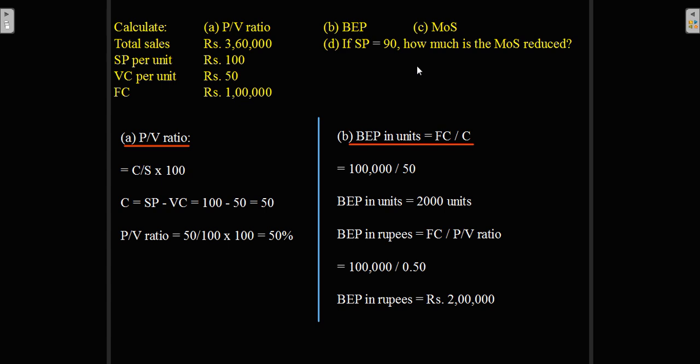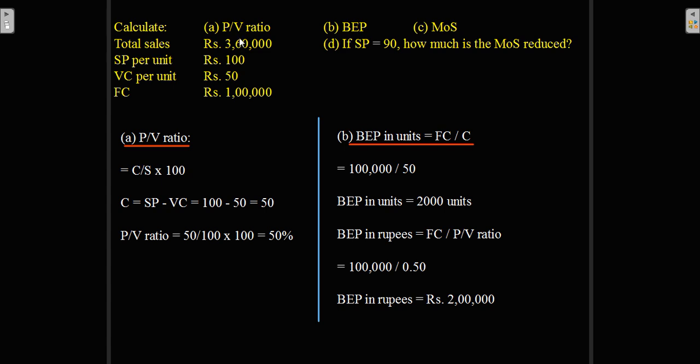This is the last sum for the video. In this sum, they have given us the total sales 3,60,000. Selling price per unit is 100 rupees. Variable cost per unit is 50 rupees and fixed cost is 1 lakh.